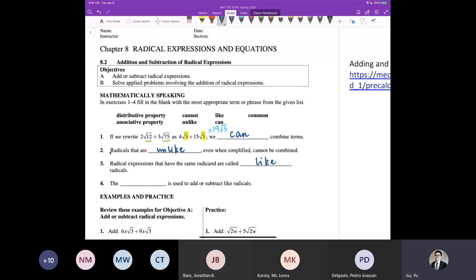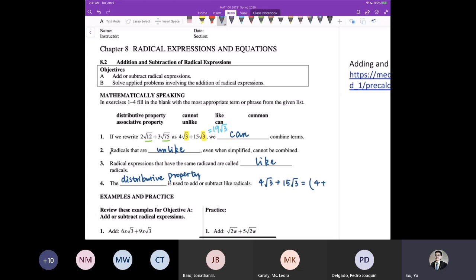This is talking about the distributive property. We could use the previous example to illustrate what that means. The previous example is 4 radical 3 plus 15 radical 3. What we did is we take out the common part, which is radical 3, and we add the numbers left.